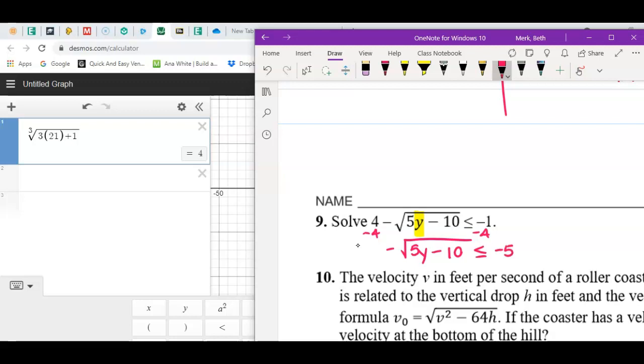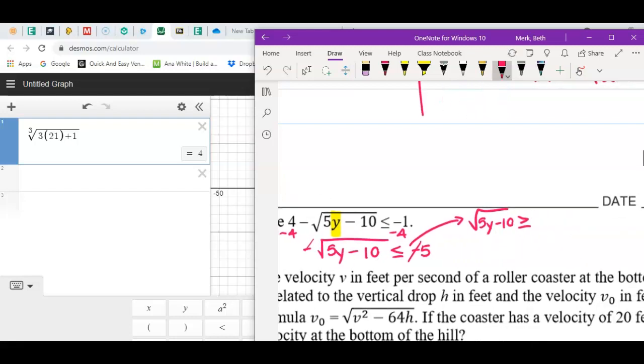Next, we can either multiply or divide by a negative 1 to eliminate this negative and this negative, which causes my sign to flip. So now I have the square root of 5y minus 10 greater than or equal to 5. To eliminate the square root, I need to square both sides.